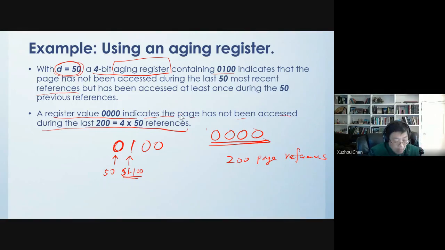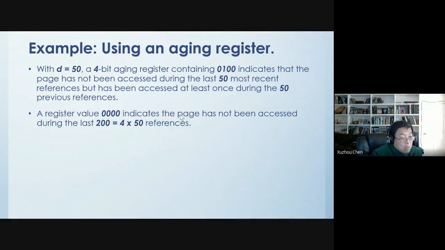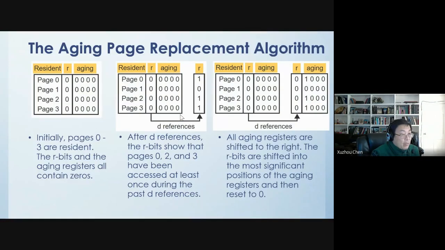Now how are we going to use this in our page replacement algorithm? Again, we assume there are 4 pages, page 0, 1, 2, 3. For each page, the reference bit is set to 0, which means the page was not referenced, and the aging is all set to 0.